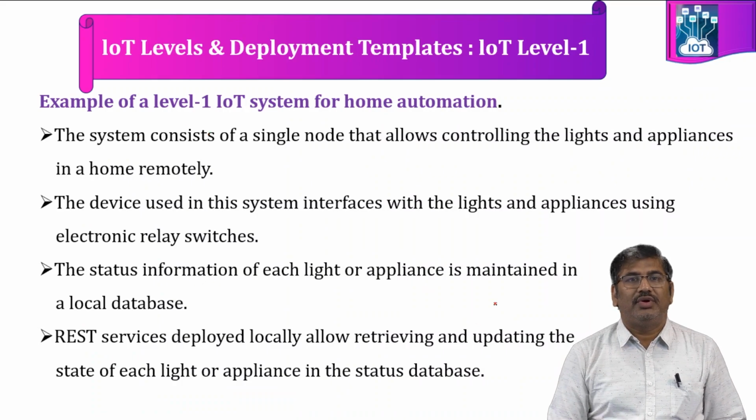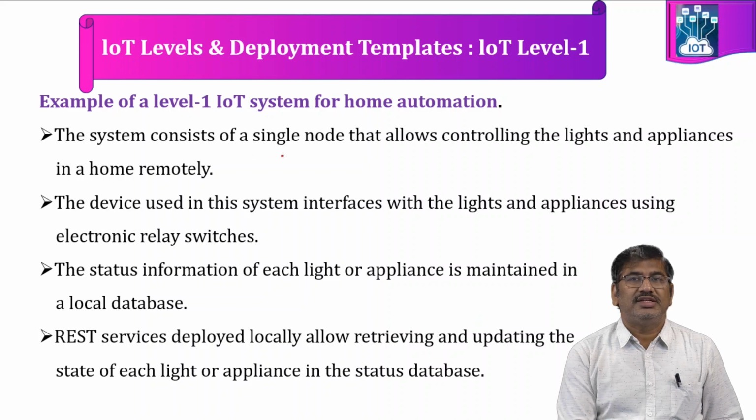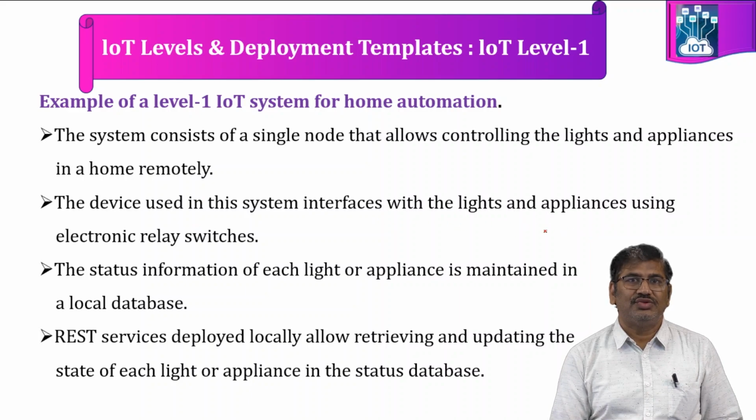Now we will see an example of a level 1 IoT system, which is home automation. The system consists of a single node that allows controlling the lights and appliances in a home remotely. The device used in this system interfaces with the lights and appliances using electronic relay switches.